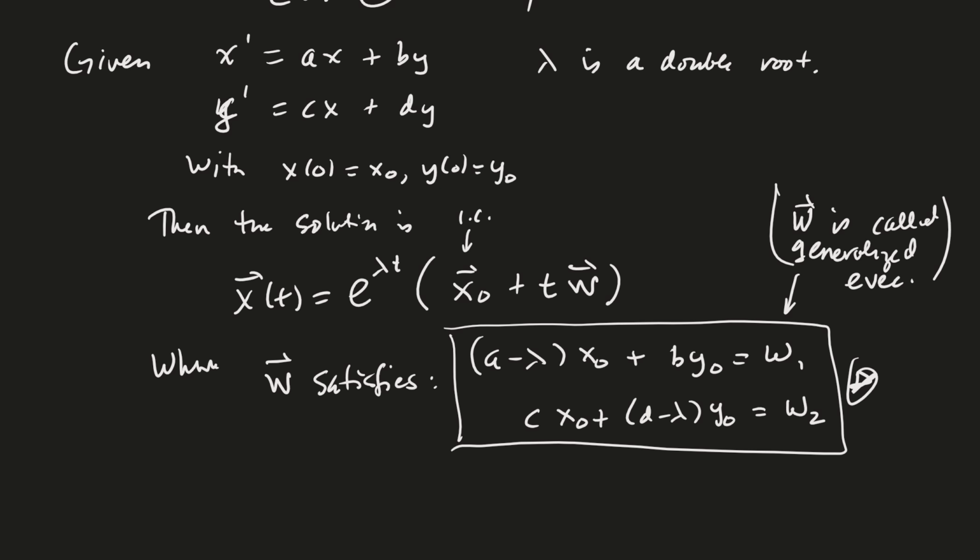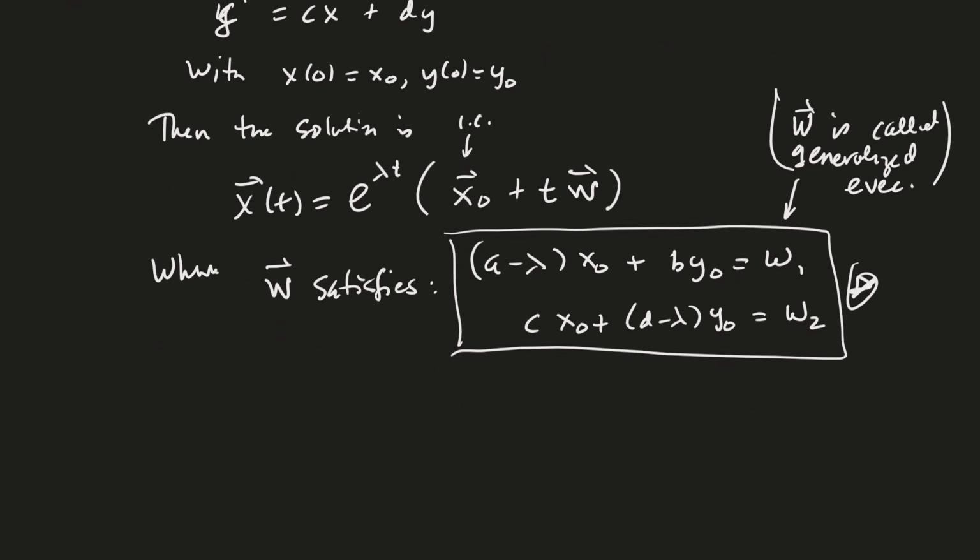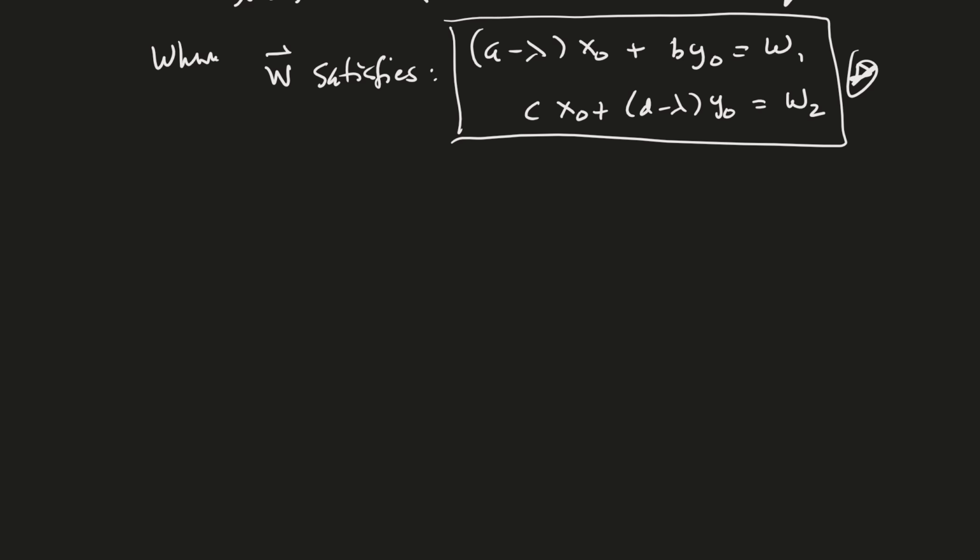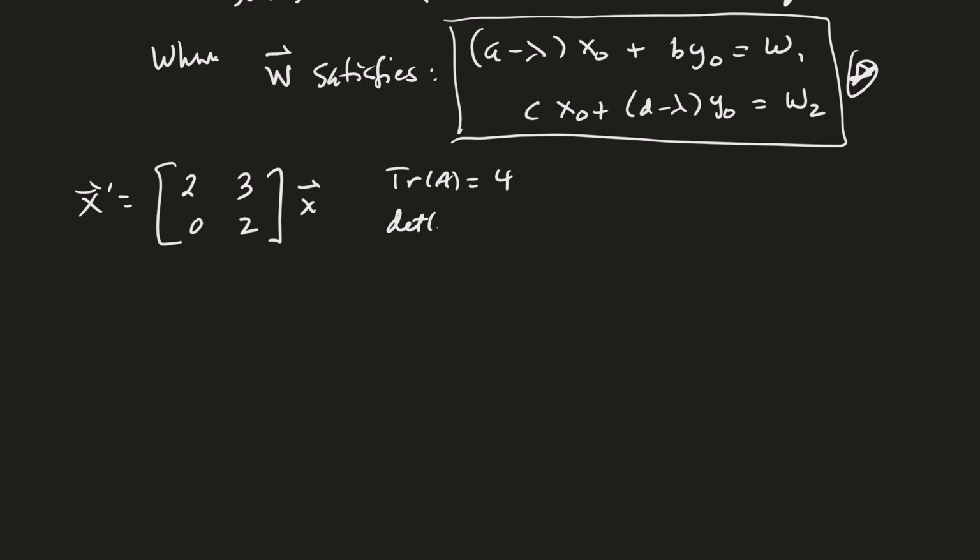Let's see how this is going to work in practice, because in practice I think this goes pretty easily. Let's try x prime is equal to the matrix 2, 3, 0, 2 times x. Our trace is 4, determinant is 4 minus 0, so 4.